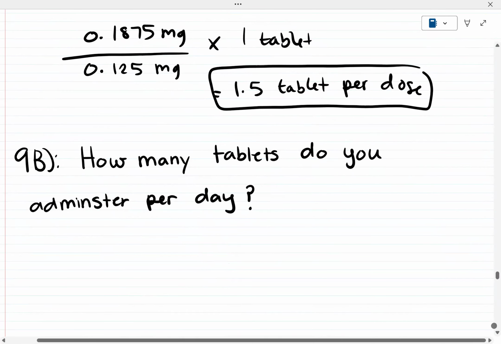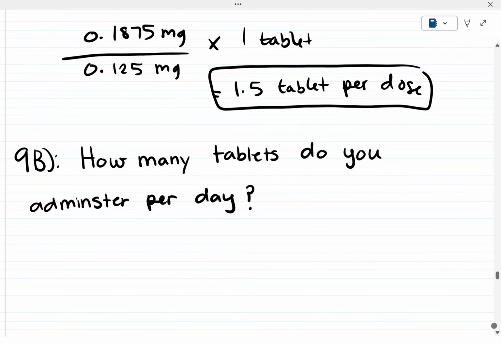9b says, how many tablets do you administer per day? So it's the same question from part A. They're asking you how many tablets do you administer per day? For each dosage, it's 1.5 tablets per dose, right? So how many do we administer per day?